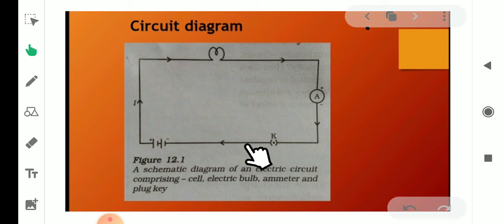An arrow mark shows the direction in which the current is moving. The current flows from the positive terminal towards the negative terminal. So this electric circuit consists of a battery, electric bulb, ammeter and a key, with an arrow mark denoting the direction of the electric current.